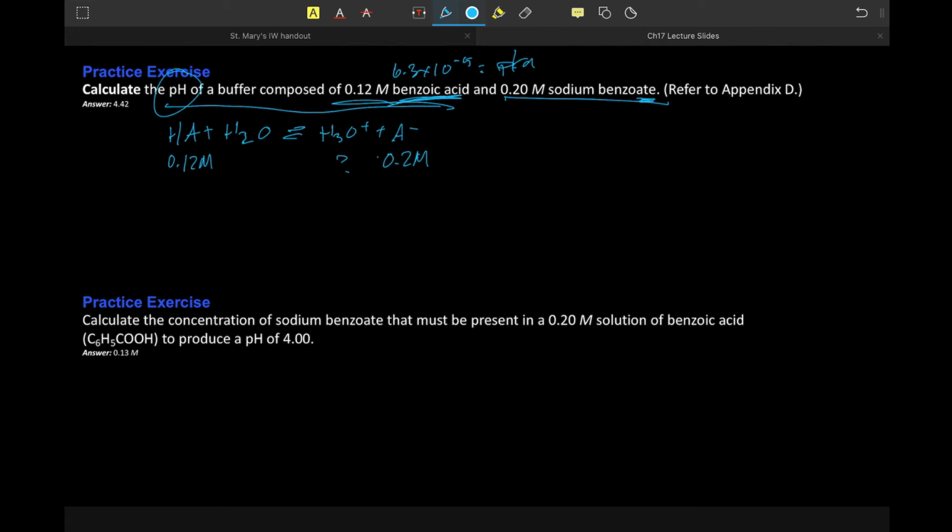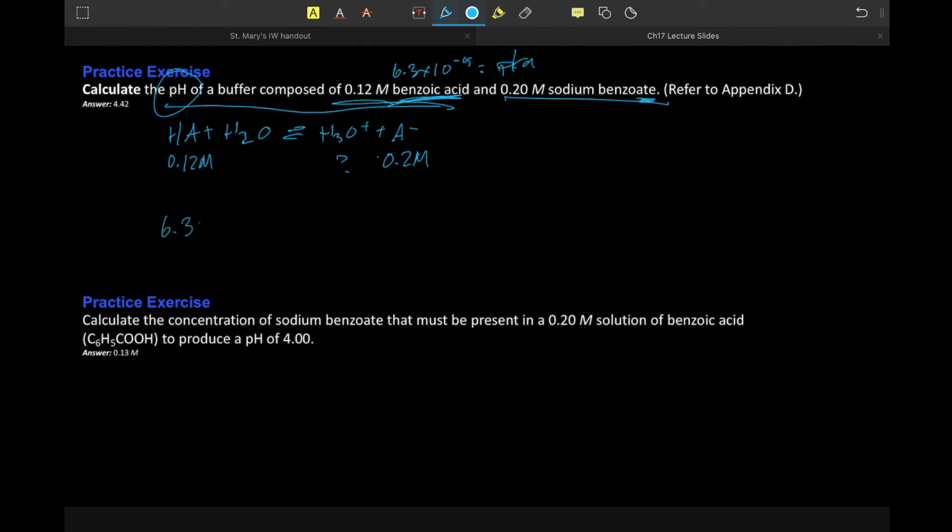If we think back to the common ion effect, if I have A minus in a solution of HA, the HA dissociates less, to the point where we don't even need to consider the amount of dissociation and can just do our math.